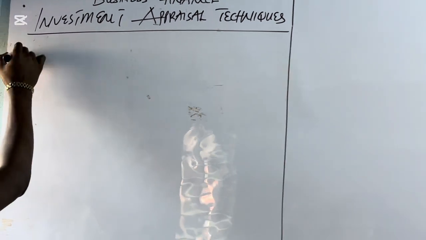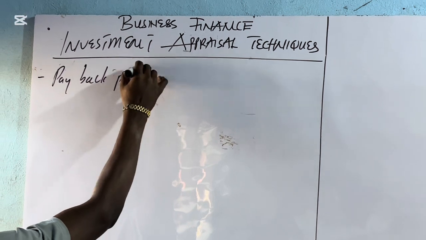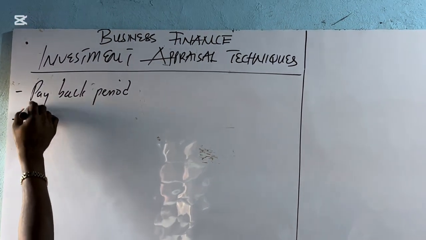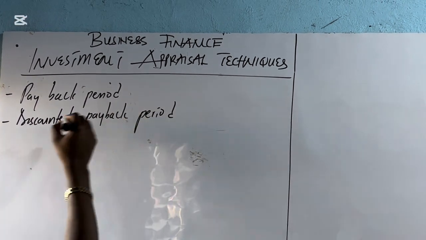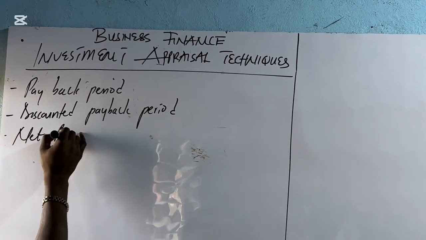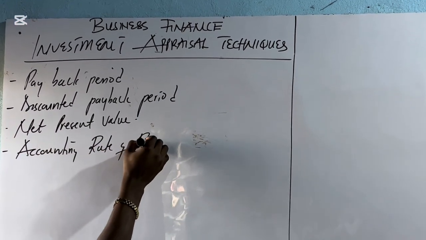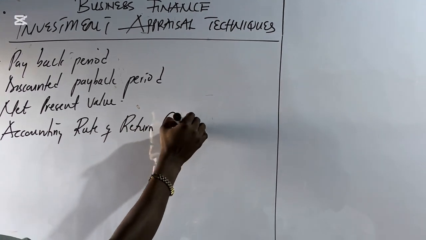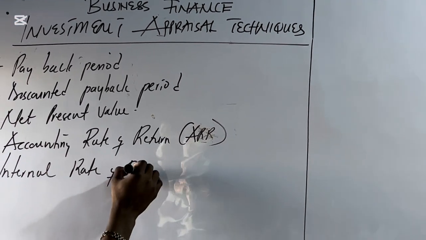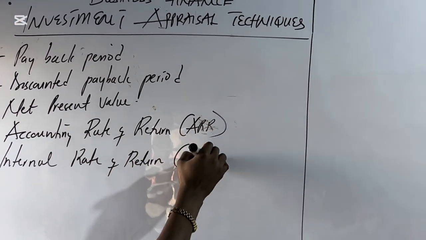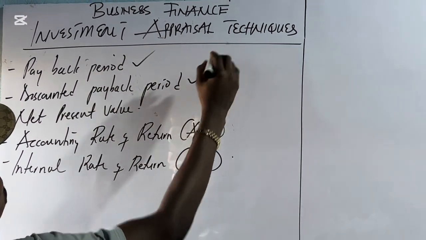And we said that we have several techniques such as the payback period, which we spoke about, and then discounted payback period, and then net present value, then our accounting rate of return, that is our ARR, and then we have the internal rate of return, that is the IRR. So in our previous lesson, we spoke about these two.